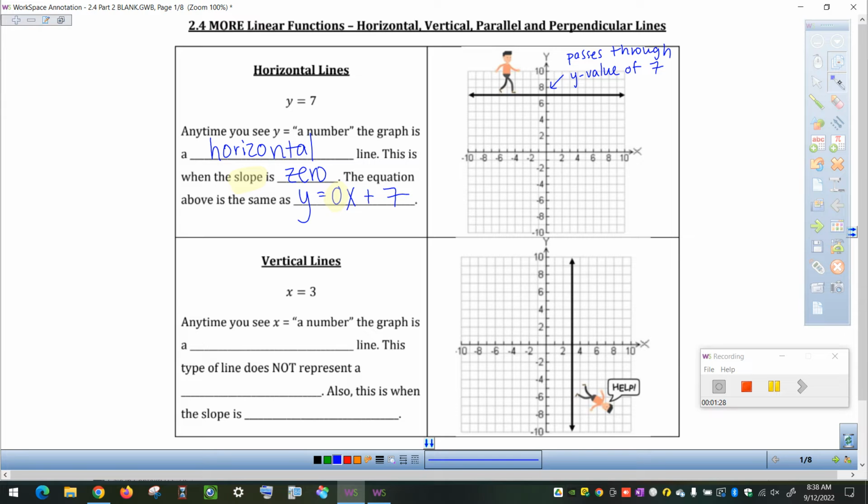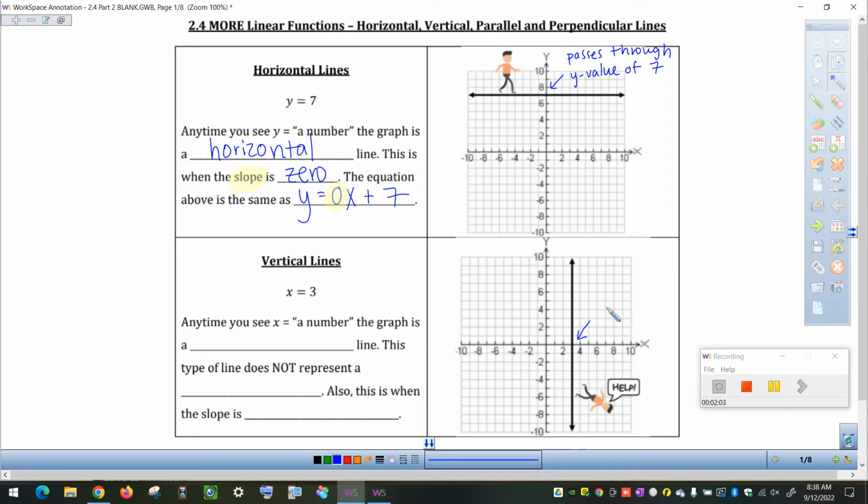All right, now let's take a look here at the equation for a vertical line. It's also a very simple equation, but there's one difference. Instead of saying y equals, it's going to be x equals. And so the x in front is telling us that it's passing through the x-axis instead of the y-axis, and that's going to make the line a vertical line.